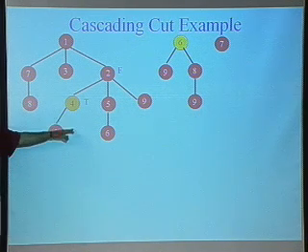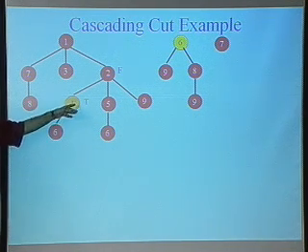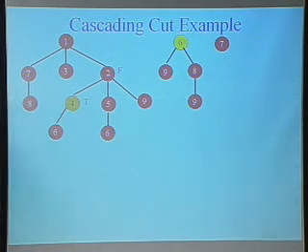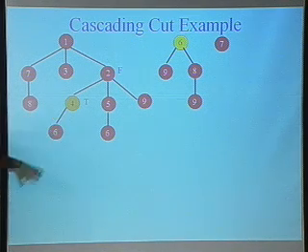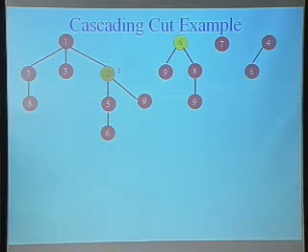Now the 7 was cut off from its parent, but its parent already had a child cut field of true, meaning that it had lost one child in the past. So that means you're going to cut the 4 off from its parent. And when you cut the 4 off, its subtrees go along with it, so it moves up to the top level.